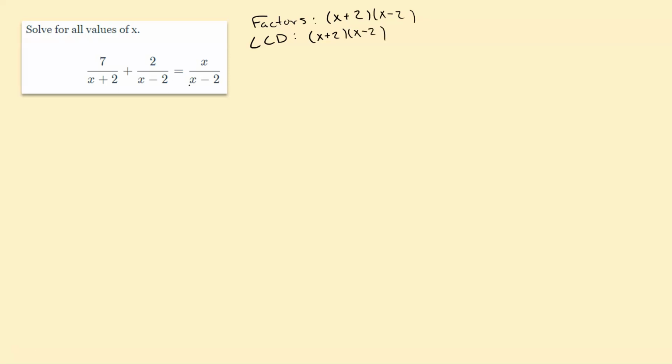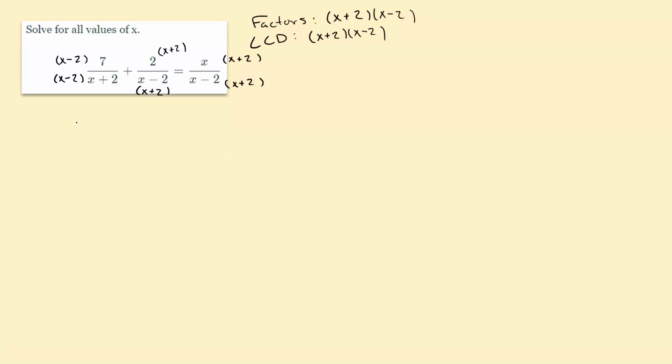Right. These two already have the x minus 2, and this one already has the x plus 2. So we're going to multiply this one by x minus 2 over x minus 2. Multiply this by x plus 2 over x plus 2. And this one by x plus 2 over x plus 2.